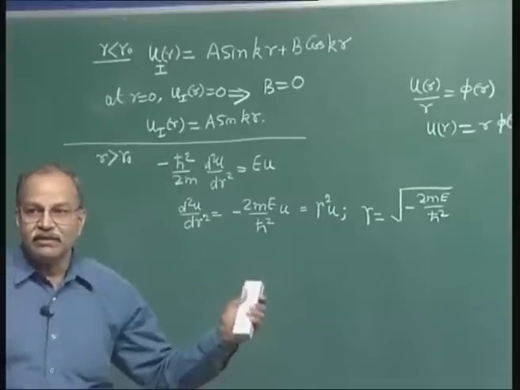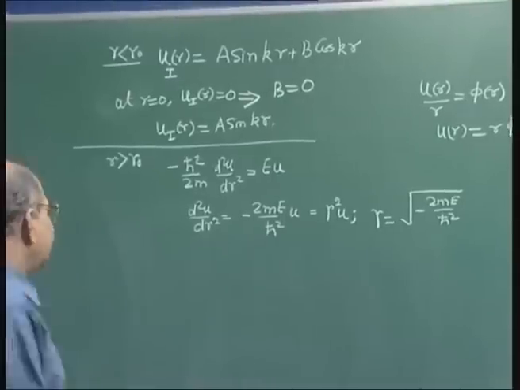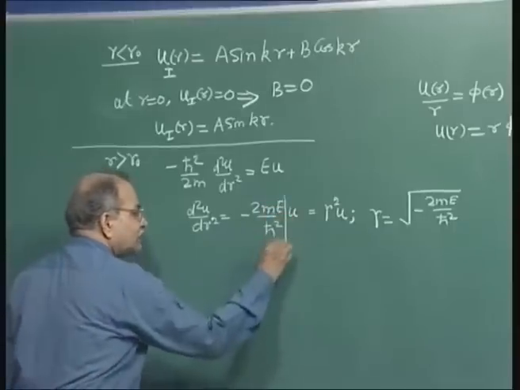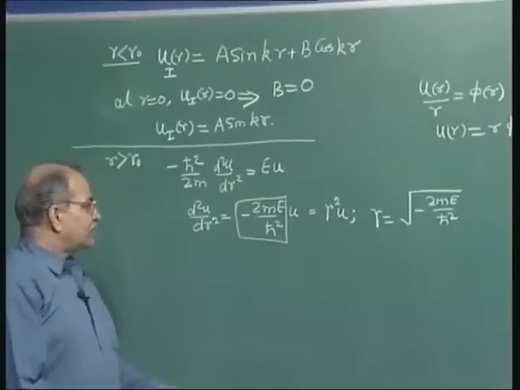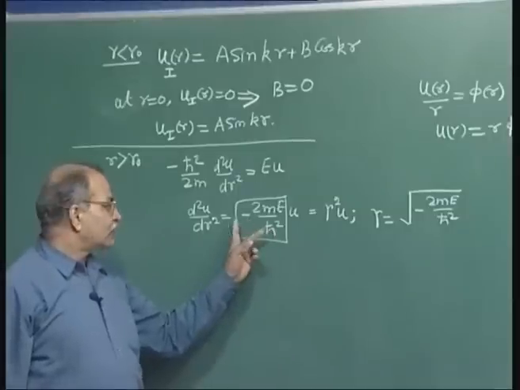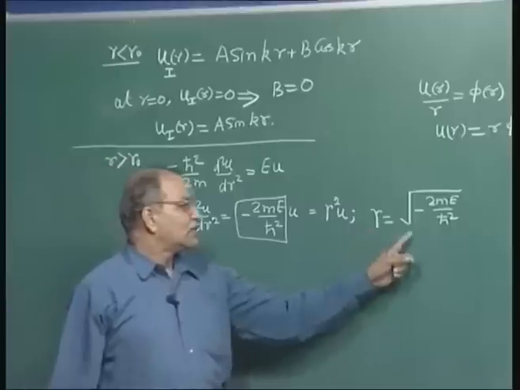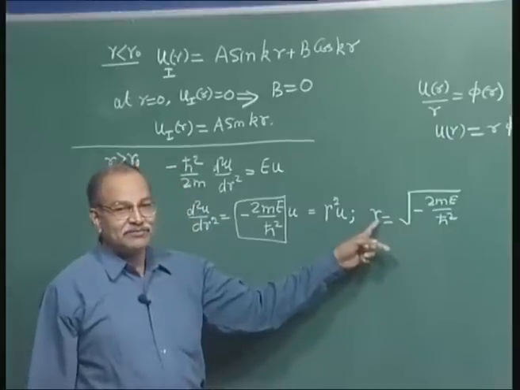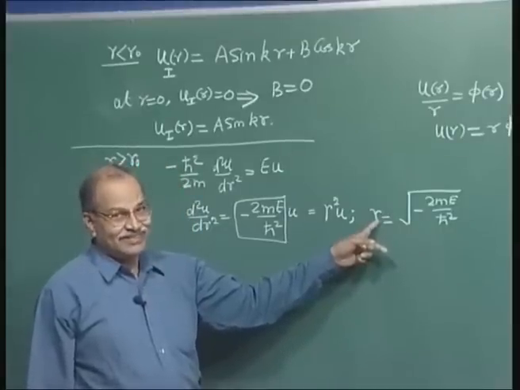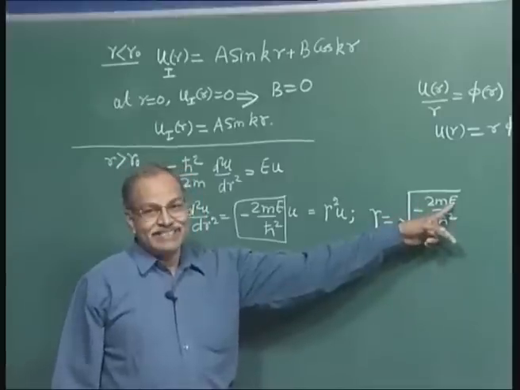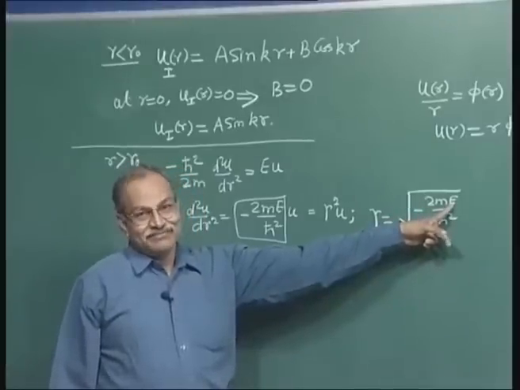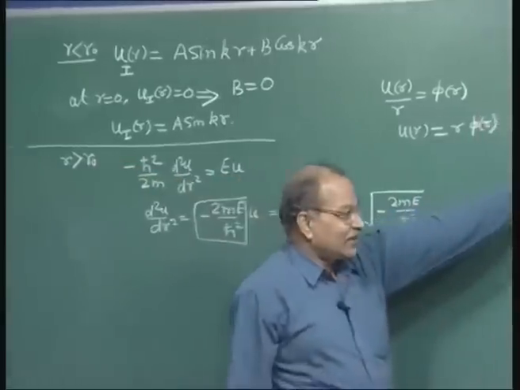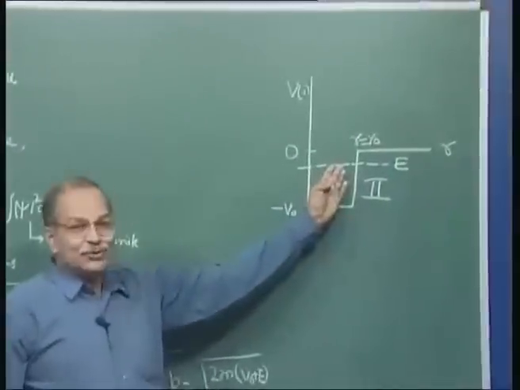Is this gamma real or imaginary? I am writing this whole thing, with the minus sign, as gamma square, and therefore gamma is the square root of minus 2mE by h cross square. Now, is this gamma real or imaginary? It is real, because the total energy E is negative. Look at this diagram, the total energy E is here.